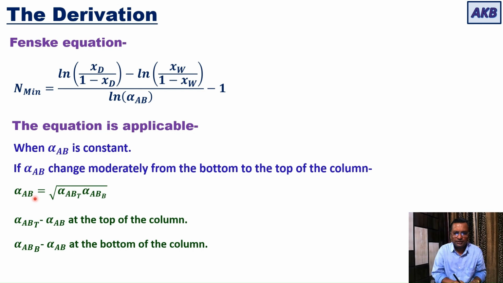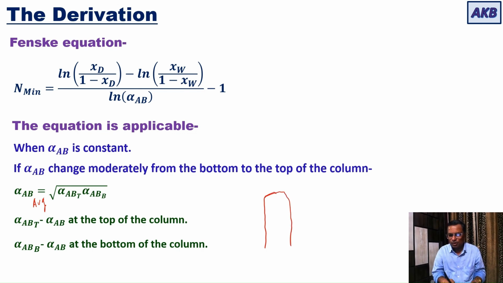When can you do this? If alpha AB changes, but that change is a moderate change from top of the column to the bottom of the column. Let us call it alpha AB average, because it is the geometric mean. And how are you going to choose that?